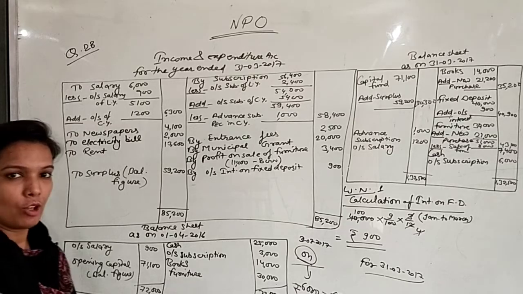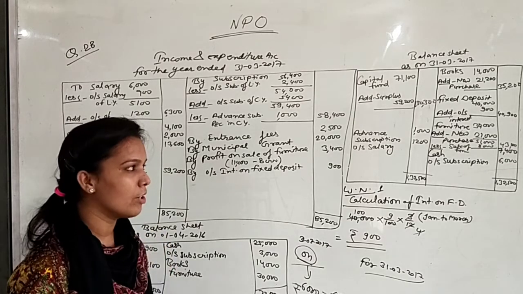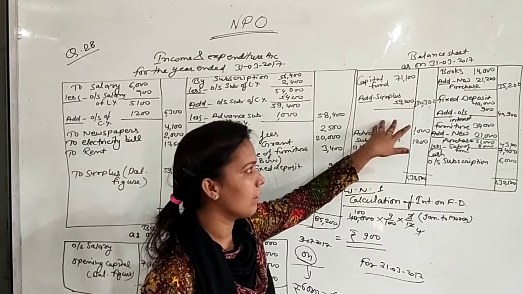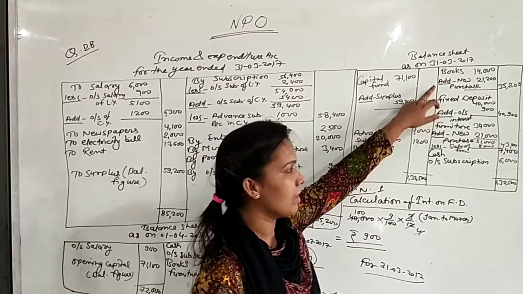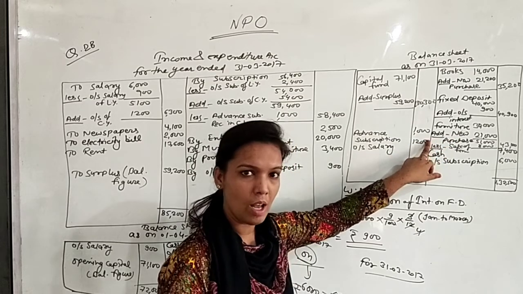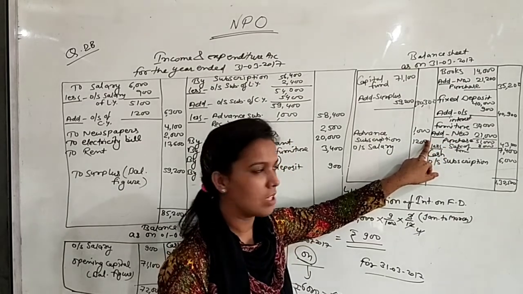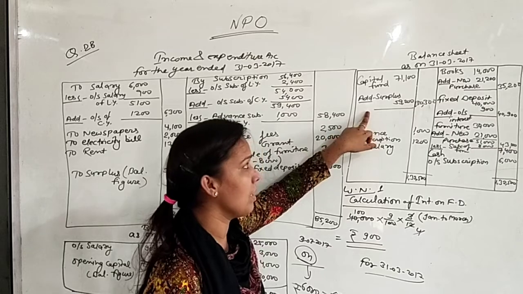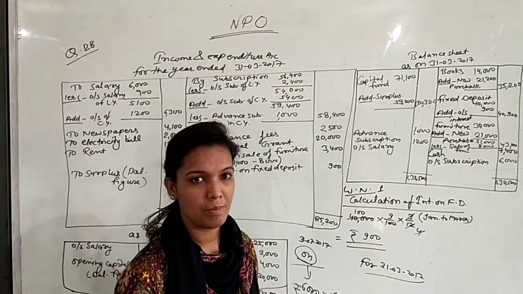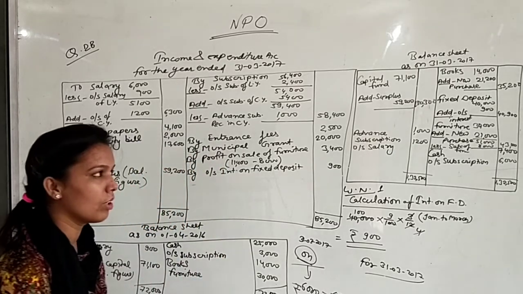But if you are preparing your balance sheet in permanence order, then it should be so on both sides. For example, here on the asset side I am writing first books, fixed deposit, furniture. These are all non-current assets, meaning fixed assets. Same on the liability side, first I am writing capital fund. This is also a fixed liability, meaning capital, which is also a part of non-current liability.